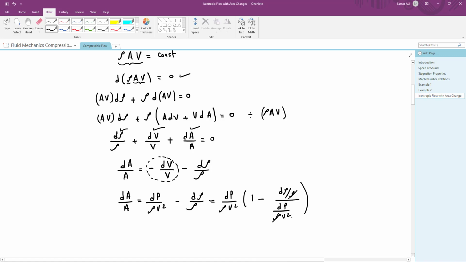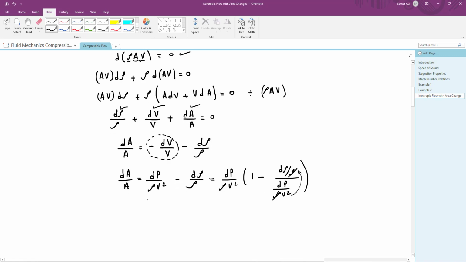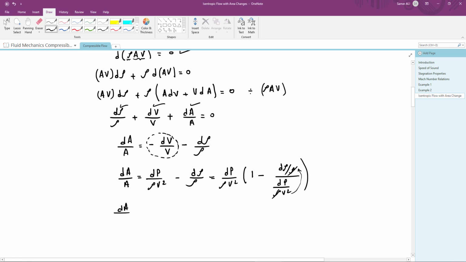So it's better now to put V square in the numerator and divide it by dP over d rho. So we'll have now dA over A is equal to dP over rho V square times 1 minus V square over dP over d rho.